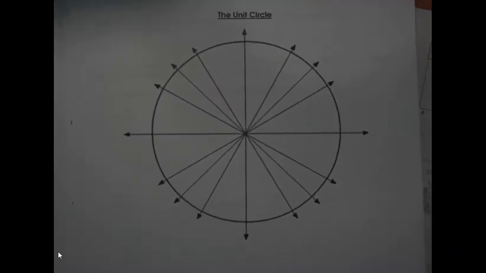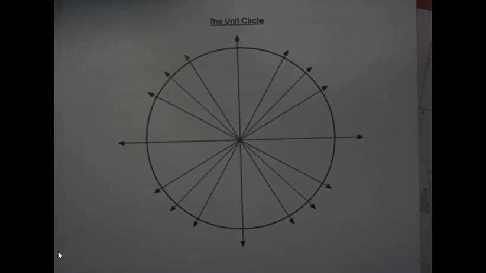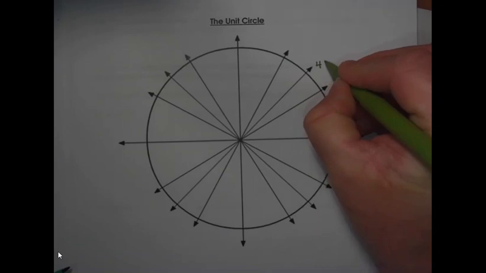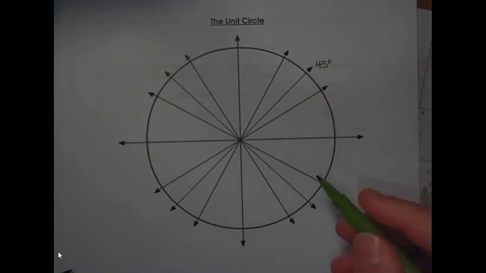So we've got a blank unit circle. I'm going to use 3 different colors to highlight the different quadrants. The first one I'm going to talk about is this 45-degree angle here.